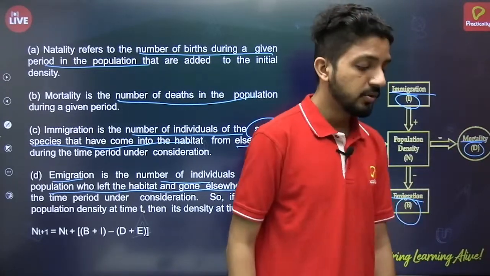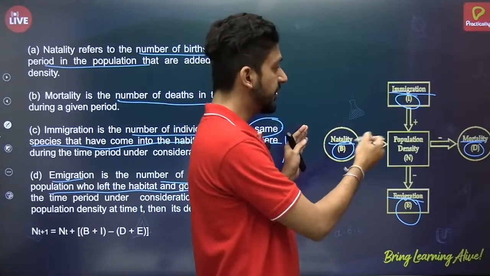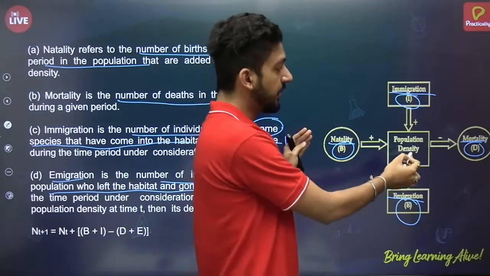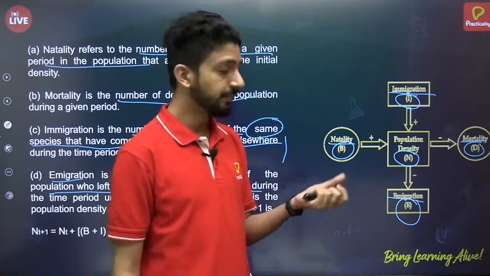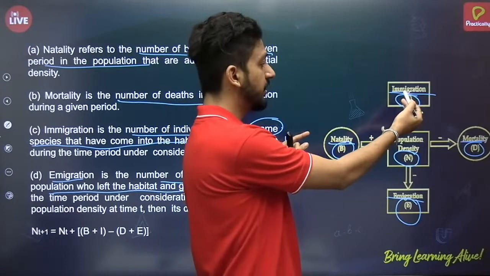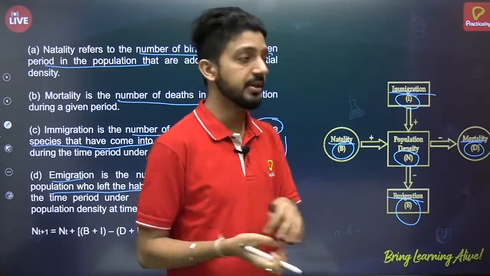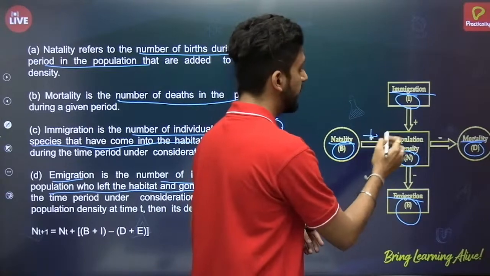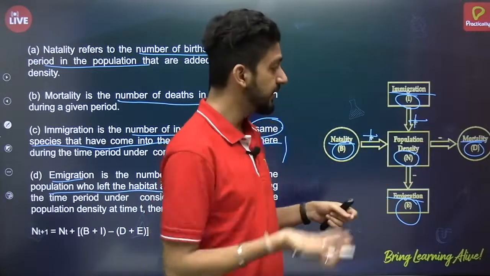As seen in this diagram, all these 4 factors I, B, D and E affect the population density N. How? Natality and immigration are going to add new individuals to the original population density. Hence they are represented by a plus sign over here, because they will add up positively and increase the density.